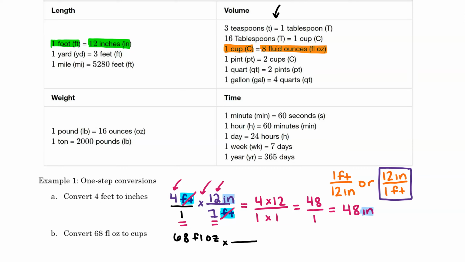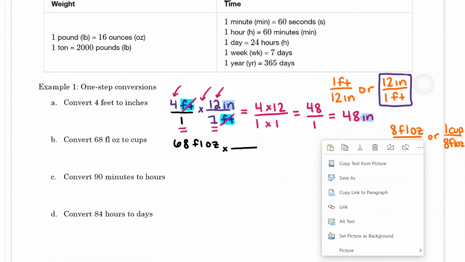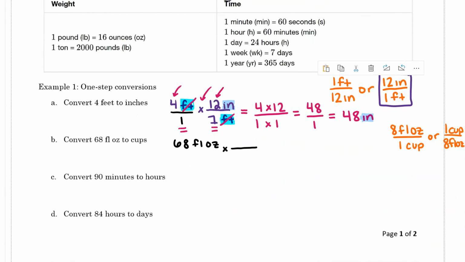Now, again, I have the choice to do 8 fluid ounces to 1 cup, or I can do 1 cup to 8 fluid ounces. So the trick again is knowing which one of those to use.